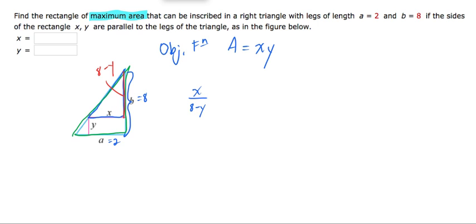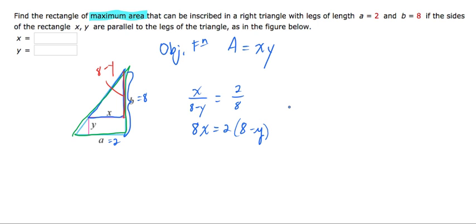So the ratio of x over 8 minus y equals 2 over the full side length, which is 8. You can solve for either variable in terms of the other. Cross multiplying, we get 8x equals 2 times (8 minus y).